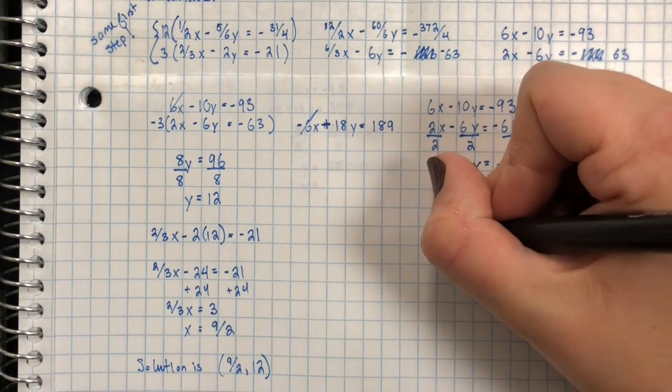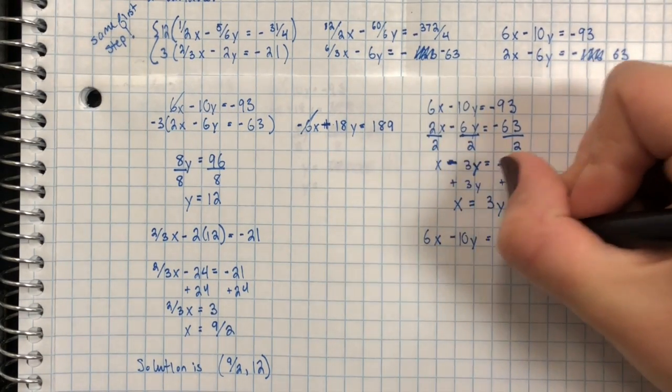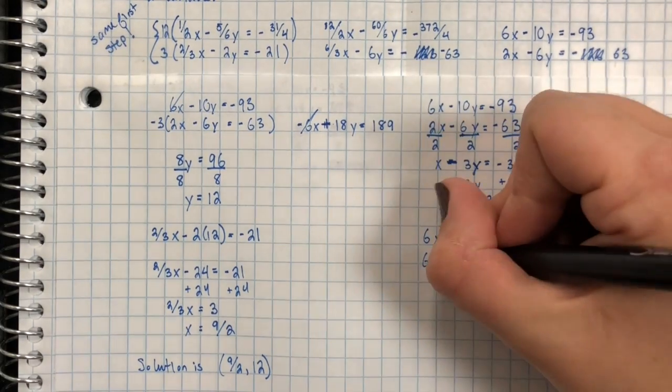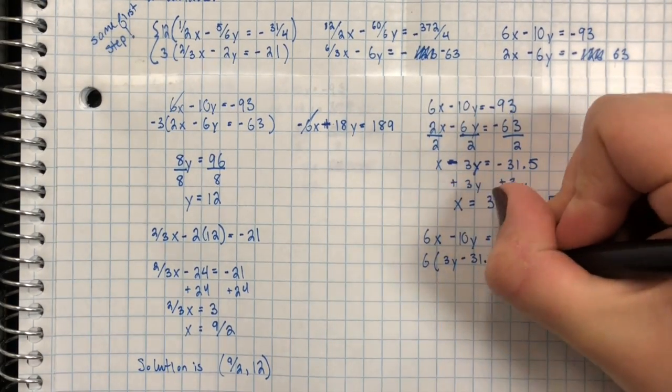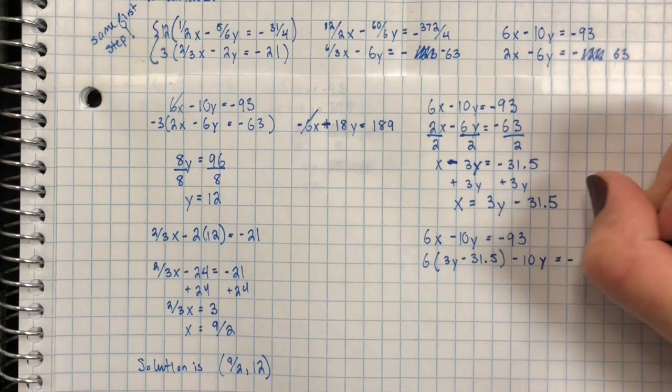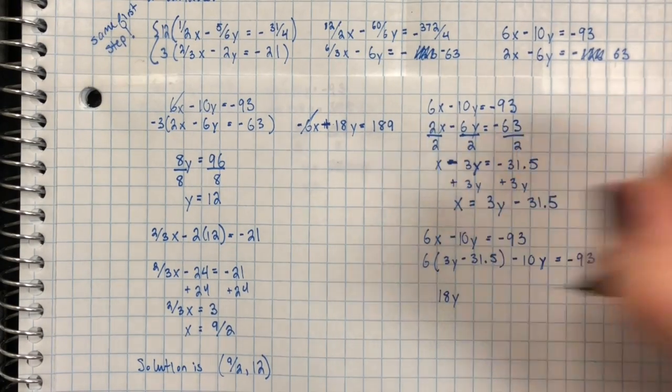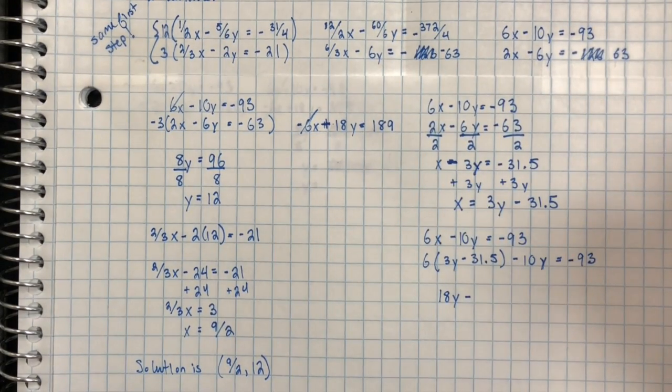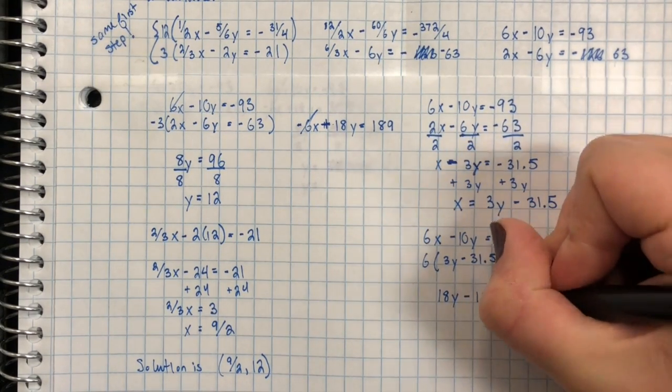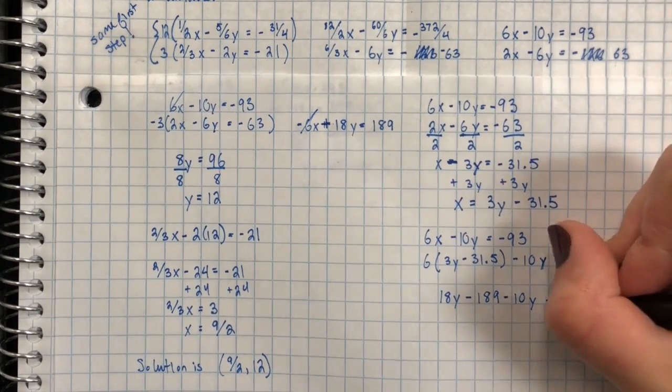If those two halves of my equation are equal, then I can presumably substitute the x value in my first function for 3y minus 31.5 and rewrite that equation so that I only have y terms that can be combined and solved for.